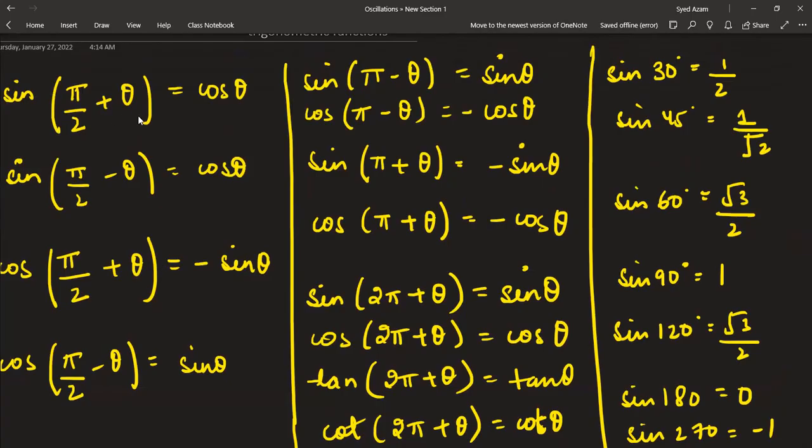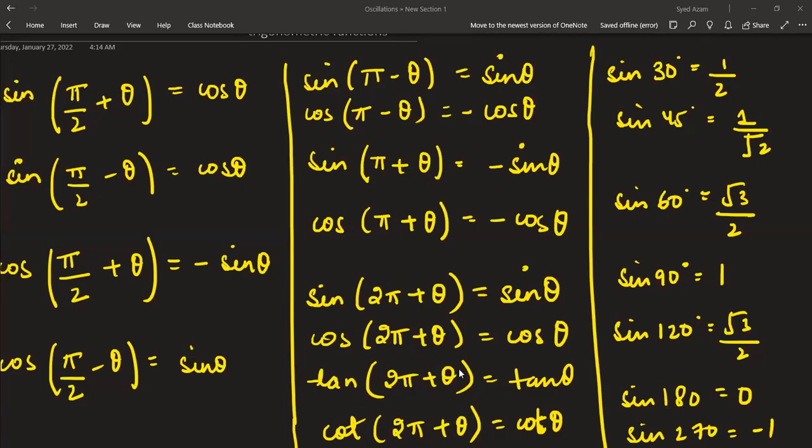So 90 plus theta, then you have 180 minus theta, cos 180 minus theta, sine 180 plus theta. So these things, 90 plus theta, minus theta for sine cos, 180 minus, plus theta for sine cos, not waves, oscillations. Okay, SHM, the second last chapter.